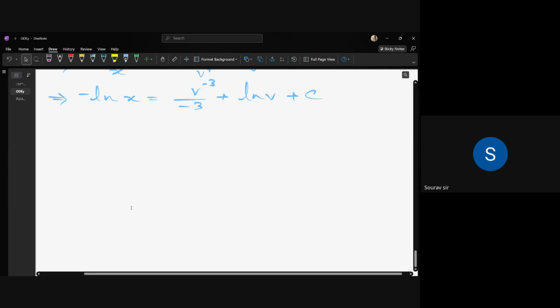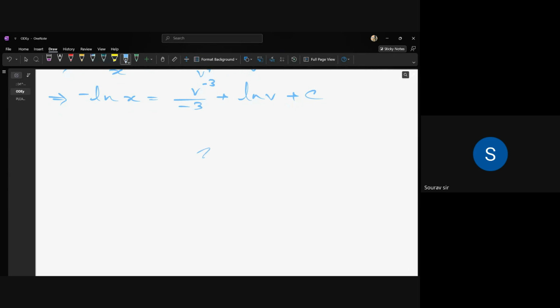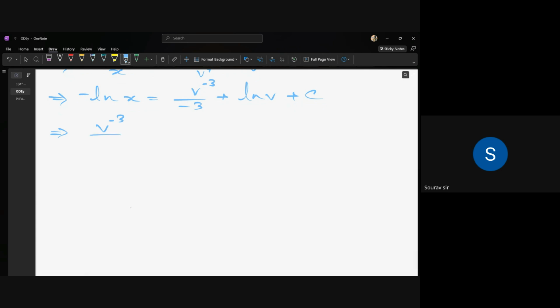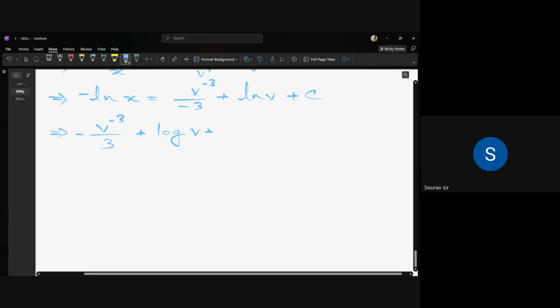As we are getting this, from this we can write minus 1 by 3 v cube plus log v plus log x equals c.